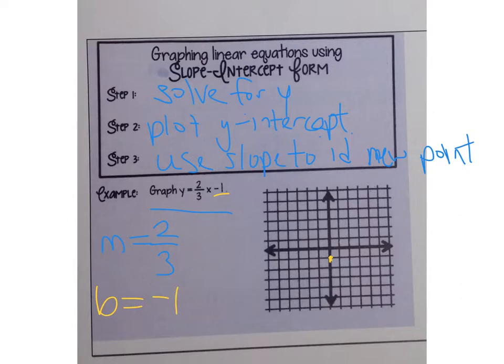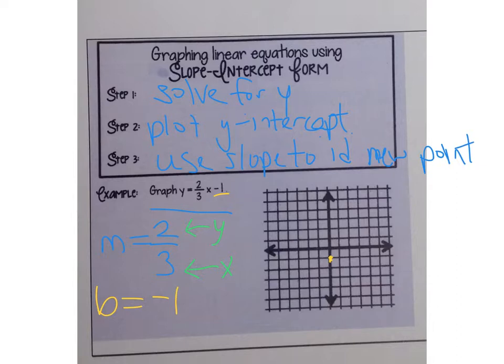Now I'm going to use what I know about slope to figure this out. It's a positive slope, that means it's going to go up from left to right. 2/3 means this is going to be my change in x, this is going to be my change in y from a point I've graphed on the line.